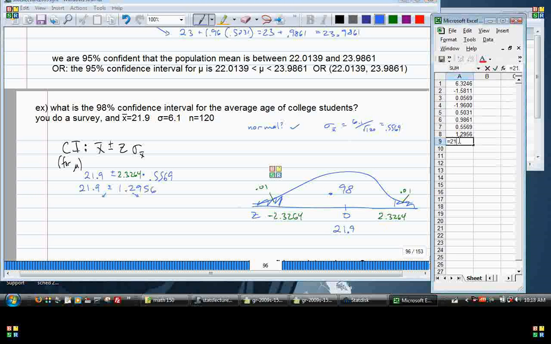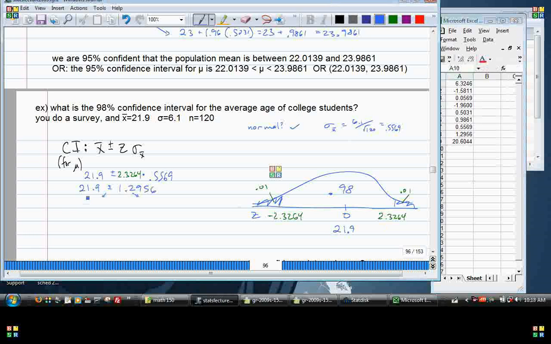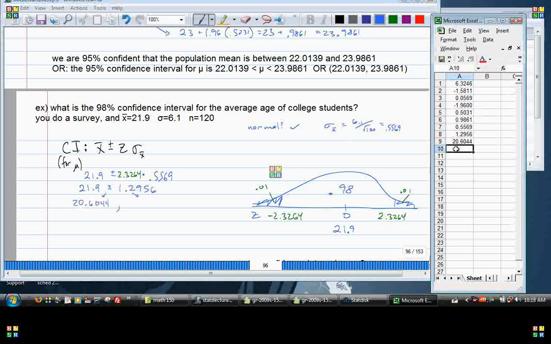So 21.9 minus 1.2956, so the lower value is going to be 20.6044. And then the upper value, plus 1.2956, gives 23.1956.